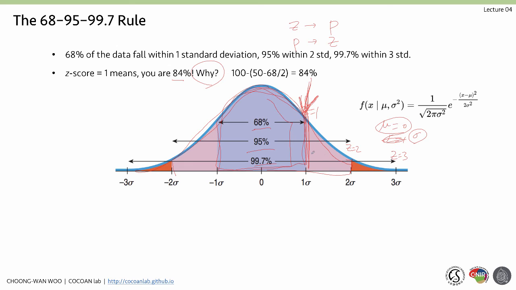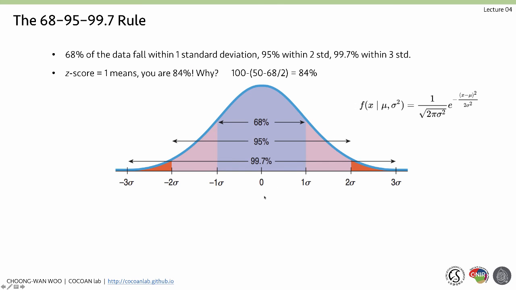So you need to subtract this area, that is this 68 divided by 2, from this 50, the half of the distribution, and then you get this area, and then you subtract this from 100, and then you get 84%. And yes, that's the meaning of Z equal 1.